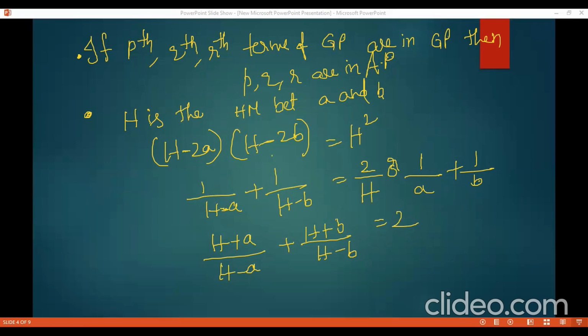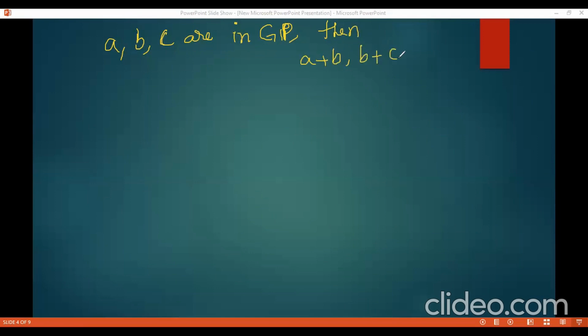Next, the last one, this is an important one. It says that if A, B, C are in GP, then A plus B, B plus C and C plus A are in HP.